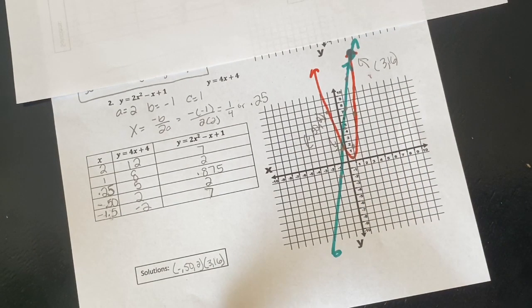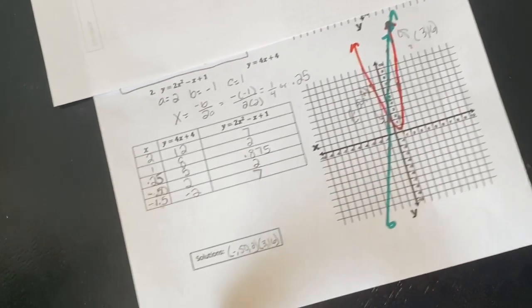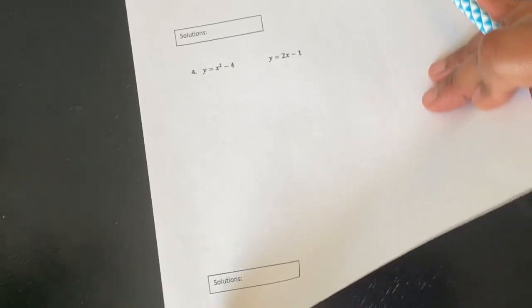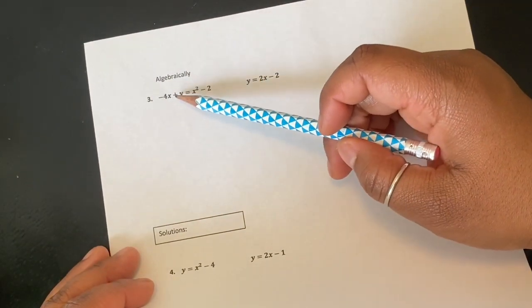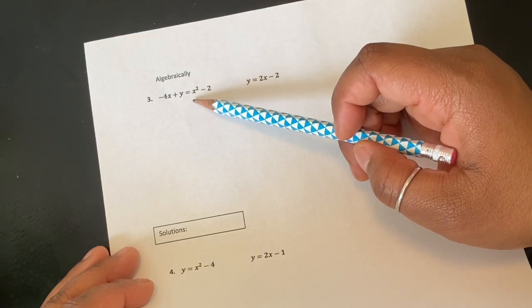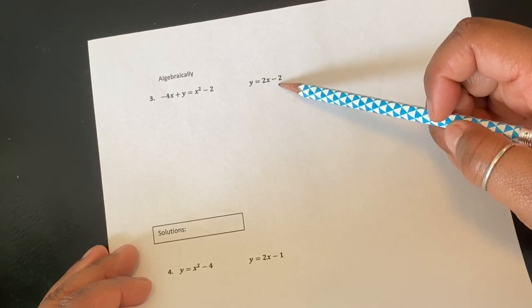Now let's look at how to solve these nonlinear systems algebraically. So if I have a system -4x plus y equals x squared minus 2 and y equals 2x minus 2.